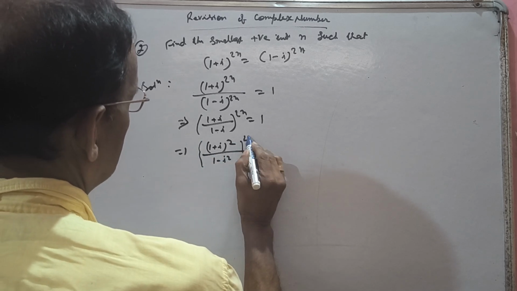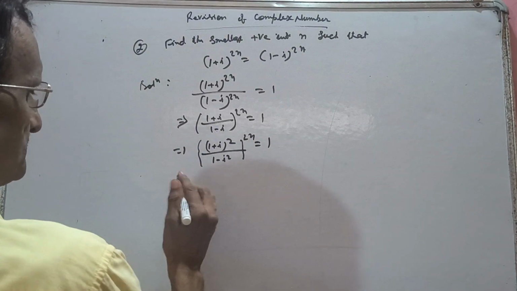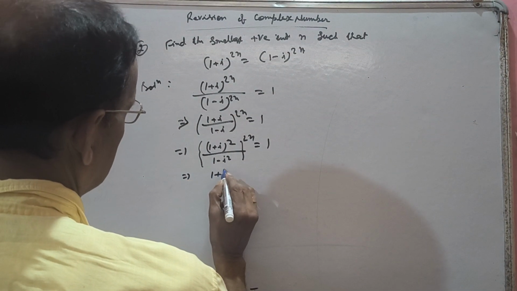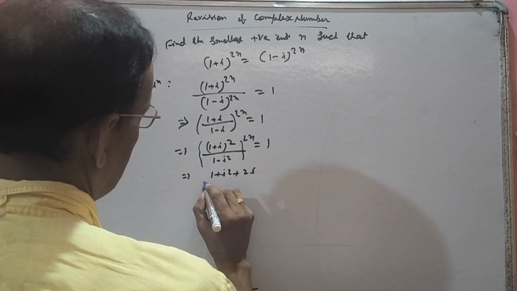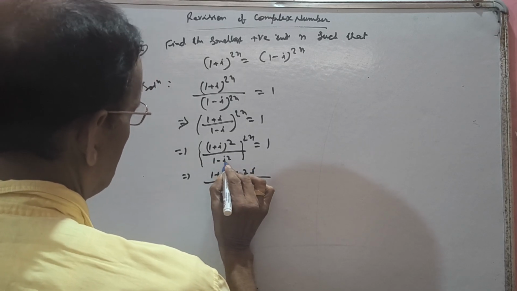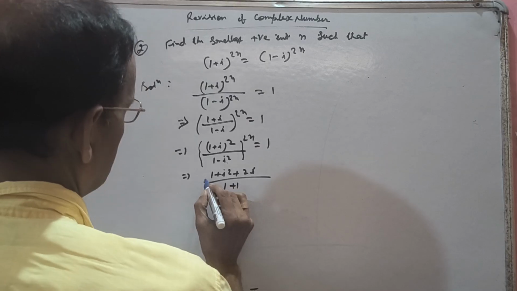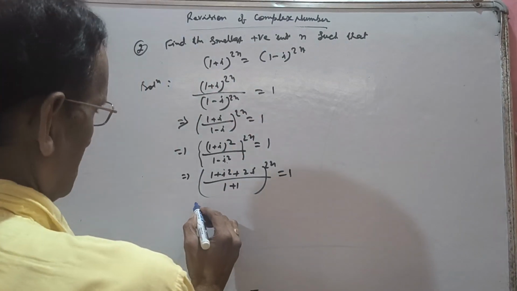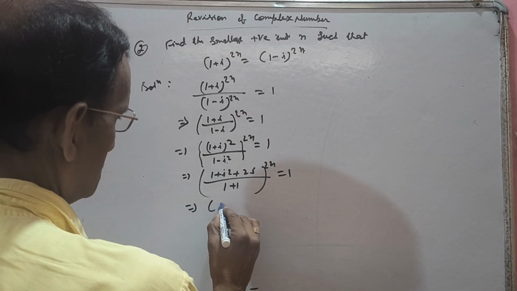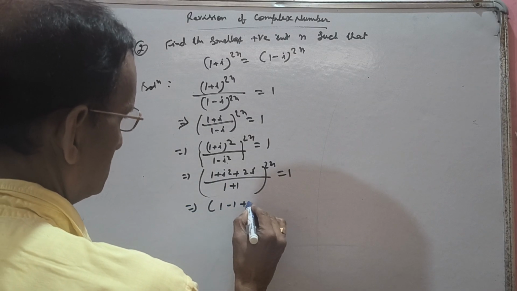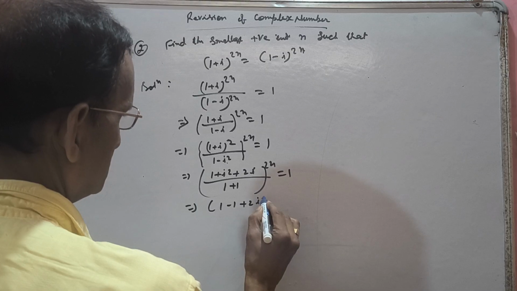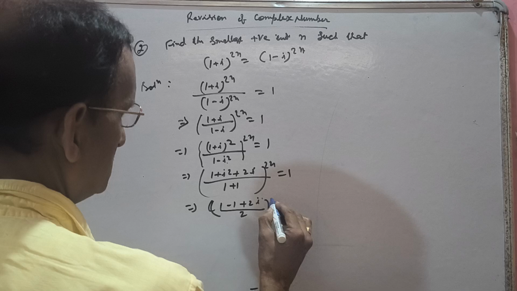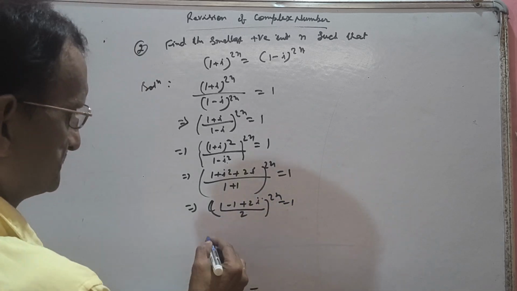And whole to the power 2n is equal to 1. So now (a plus b) whole square is a square plus b square plus 2ab, by 1 minus i square, that is plus 1, whole to the power 2n is equal to 1. So this implies 1, i square is minus 1, plus 2i by 2, whole to the power 2n is equal to 1.